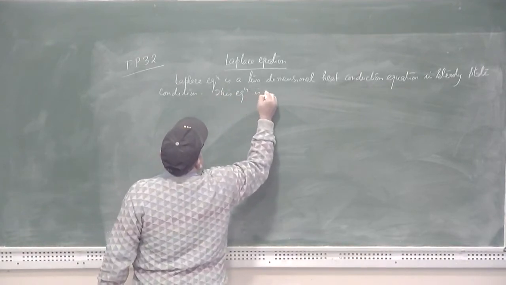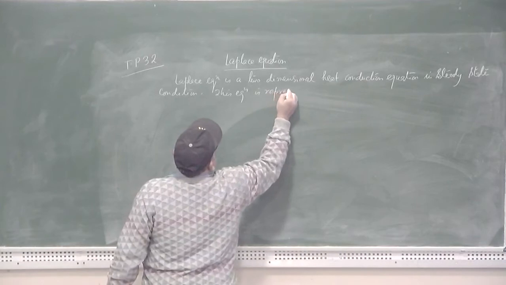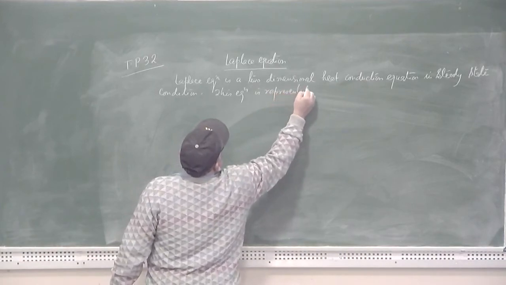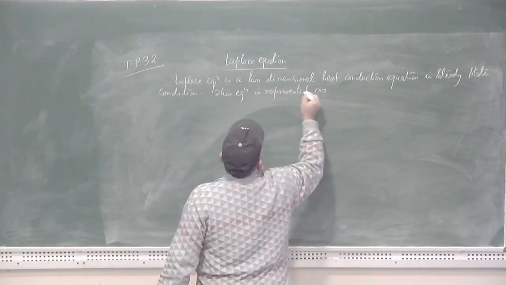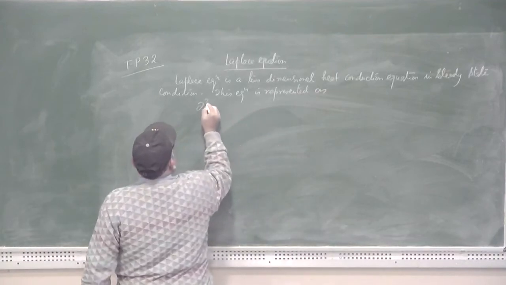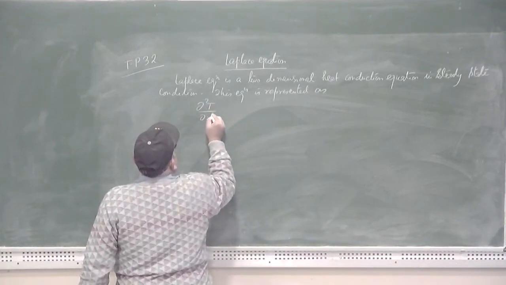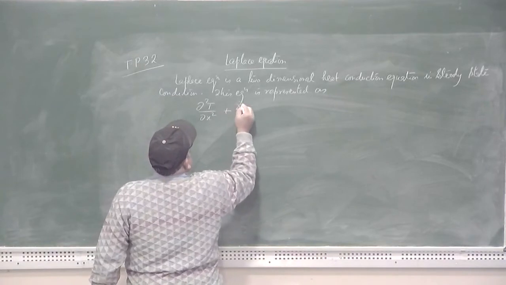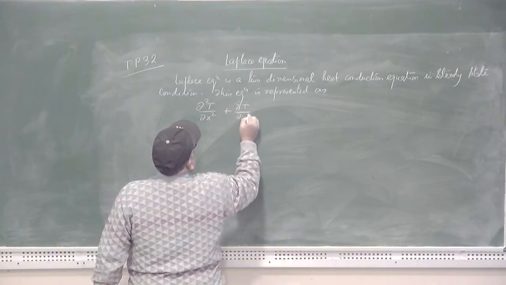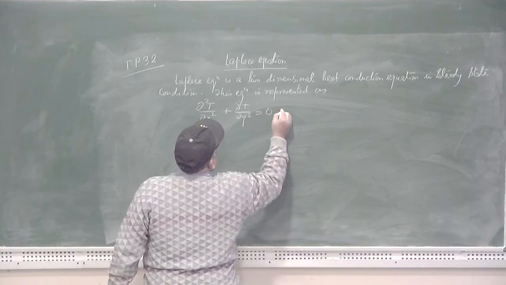This equation is represented as ∂²T/∂x² + ∂²T/∂y² = 0.